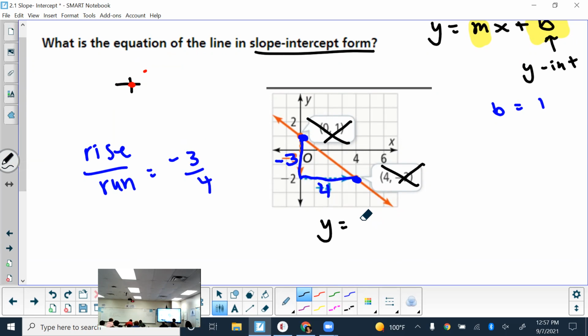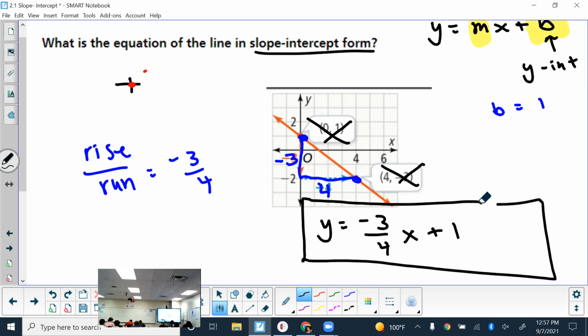We said slope is what? -3/4. x plus your y-intercept, which is 1. All right, questions? All right, so that one's just counting your rise over run.